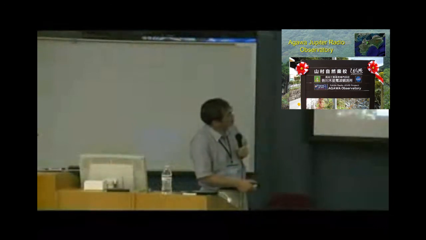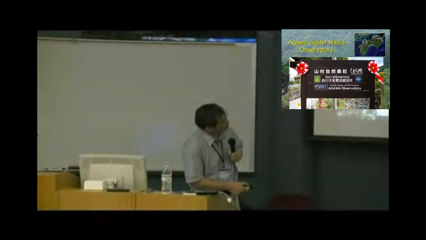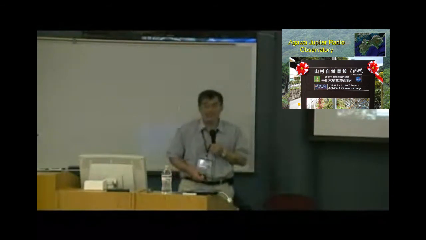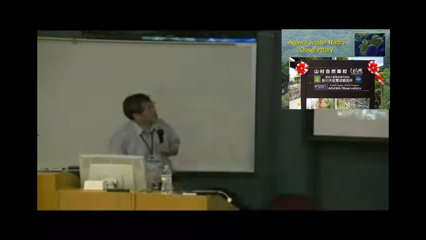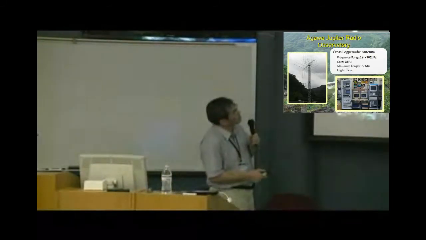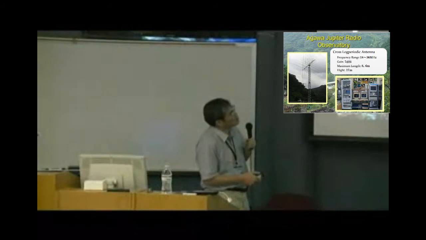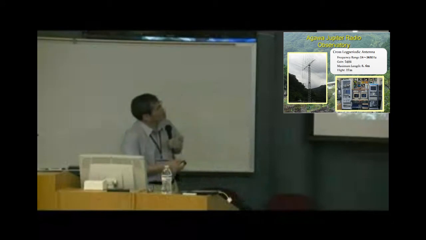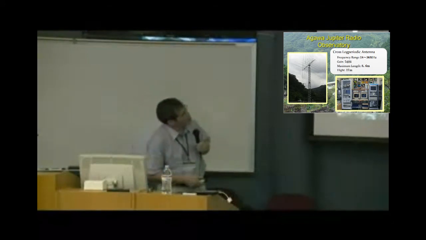And this is a marker plate, including NASA Radio Jove Project Agawa Observatory, including the NASA and our college symbol. Our antenna system is a cross-loop Yagi antenna. Frequency range is 18 to 36 megahertz, and the height is 17 meters.